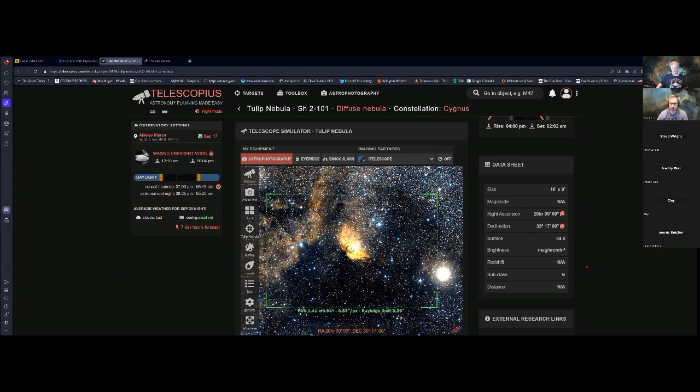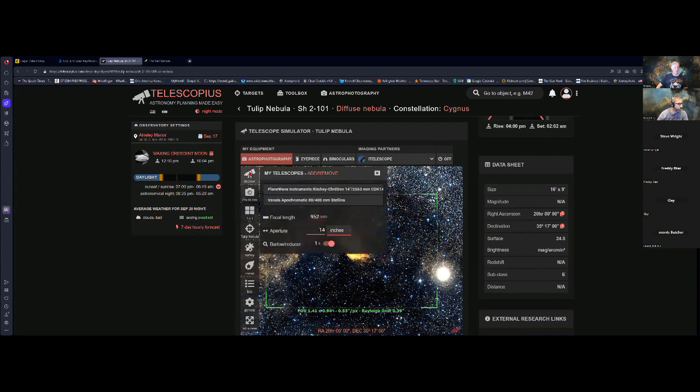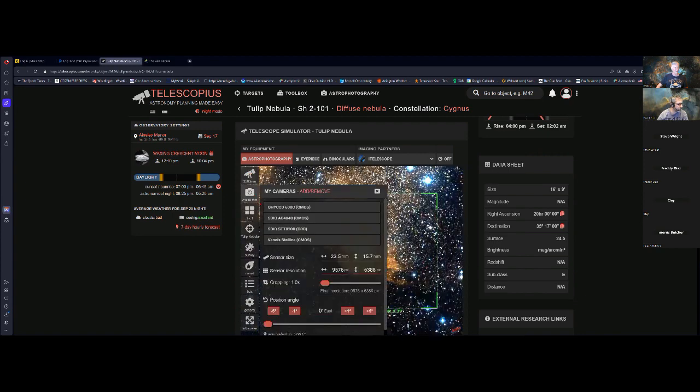It's a nice target for the C8. Isn't that C8 an F10, Freddie? F10, yes. It's a pretty slow lens there. Well, that's all right. We got lots of time. That's true.